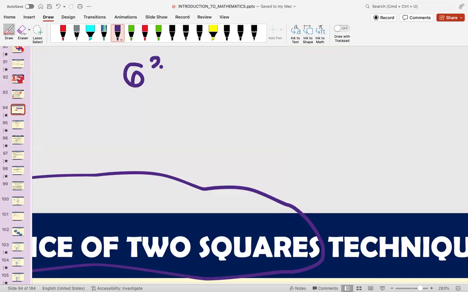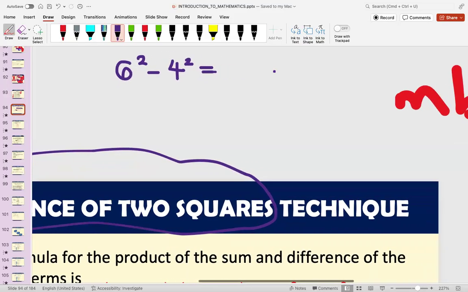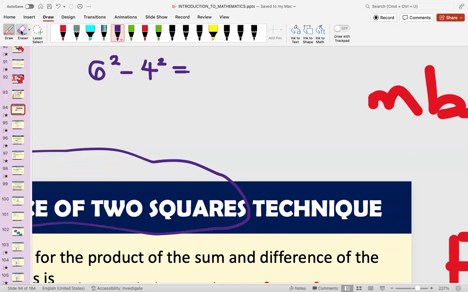If I give you 6 squared minus 4 squared. Let's do it with our calculator. 6 squared, let's even behave we are in class 1 or primary 1.